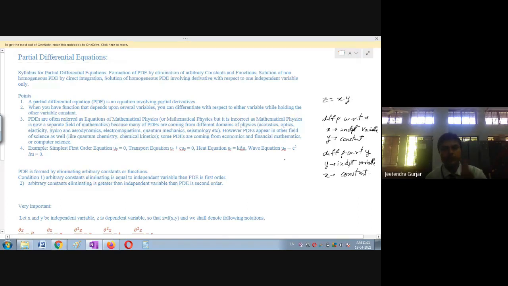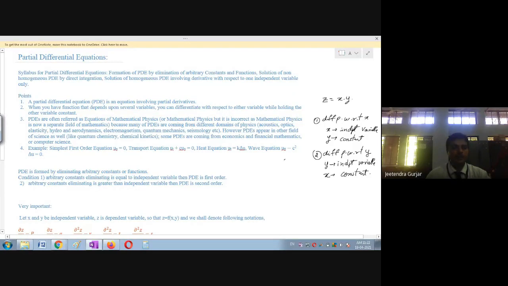So this is how you are going to remember. Partially with respect to x means only x will become, the differentiation of x will become 1 and y is constant. And in the second case, we differentiate partially with respect to y, which means the differentiation of y will become 1 and constants remain as they are. Is it clear? I will show you in the example.